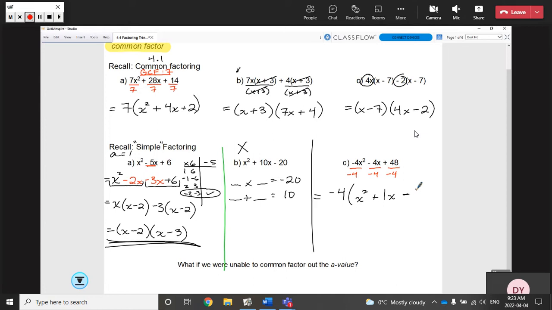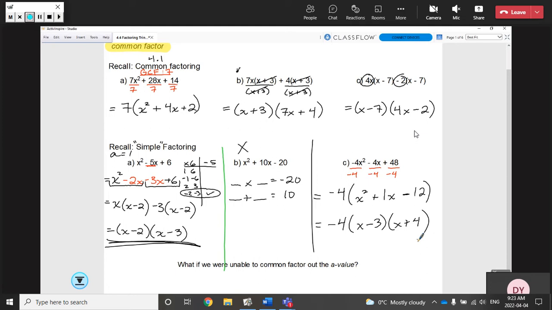Perfect. So can we further factor the things in the brackets here? What are the numbers that multiply to -12 and add to 1? Yeah, -3 and +4. So we're going to turn this bracket into x minus 3, x plus 4.